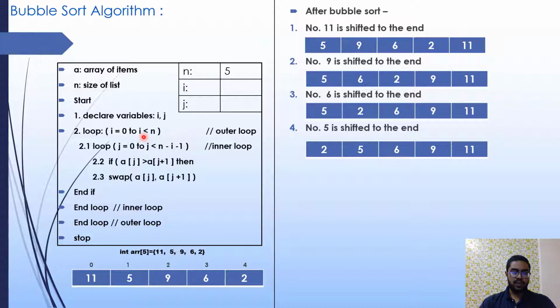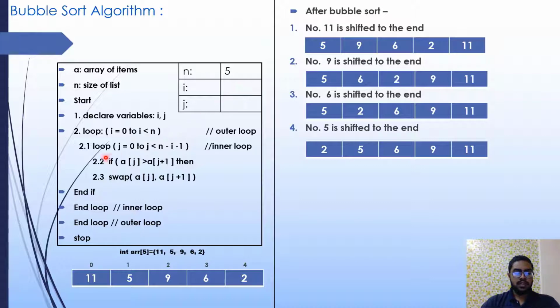The n value is 5, so the outer loop is going to run from 0 to 4, which is basically 5. So let's start off, and initially I is initialized to 0. So we are going to write the I value as 0 over here.